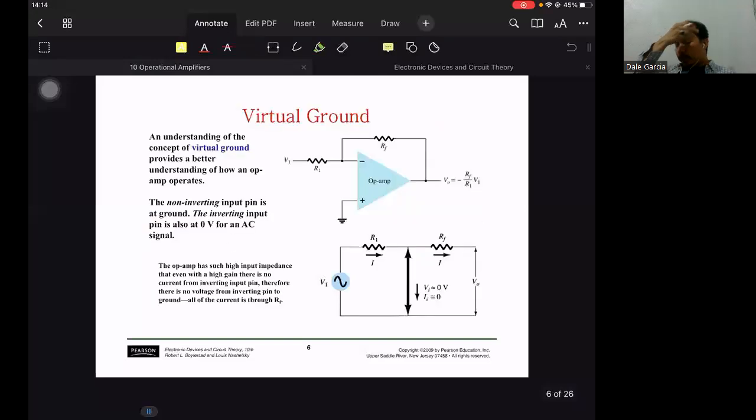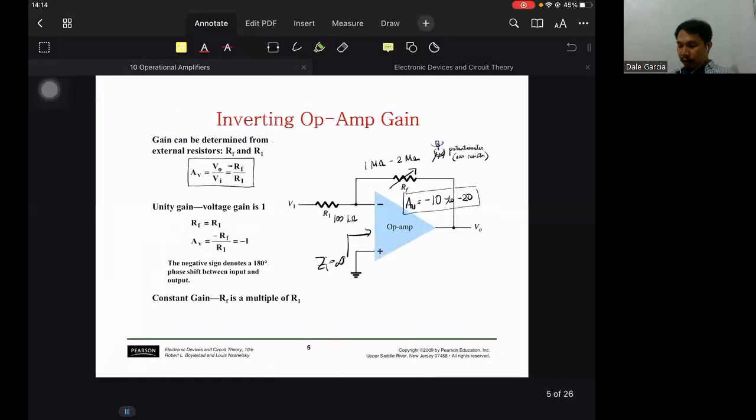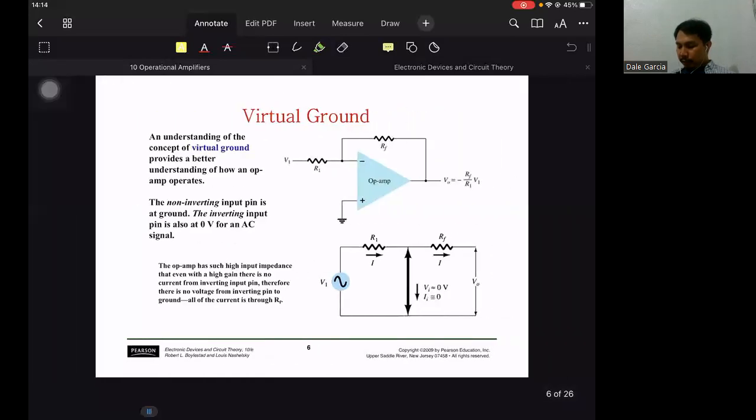So there's a concept that we call virtual ground in the analysis of op-amps, for us to obtain the gain of all the other configurations of op-amp. The concept of virtual ground is most important for us to derive the formulas.